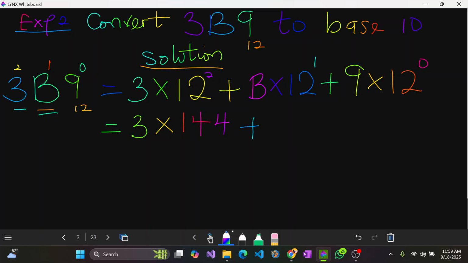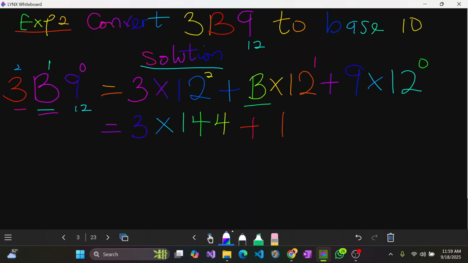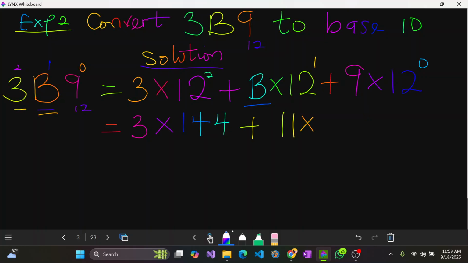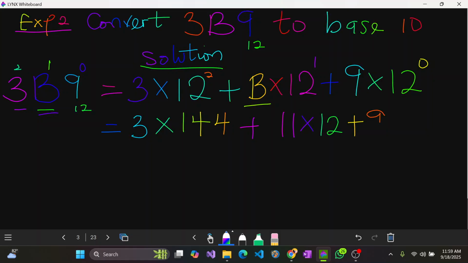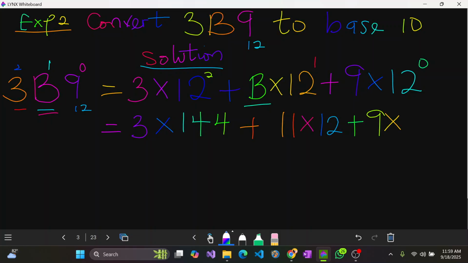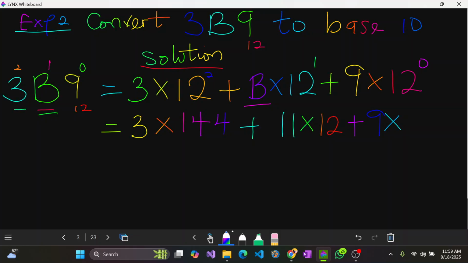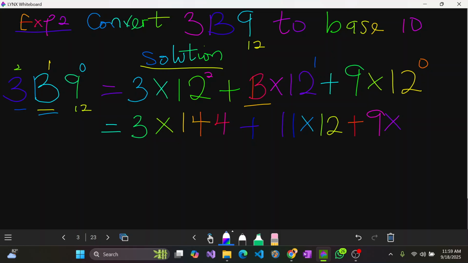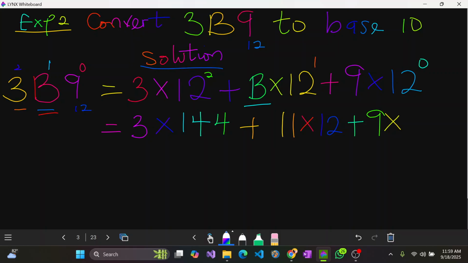But in this case, B is representing 11. So we have 11 times 12 raised to the power of 1, which remains 12. Then of course, plus 9 times 12 raised to the power of 0. In our last example, we already established that any number raised to the power of 0 is 1.